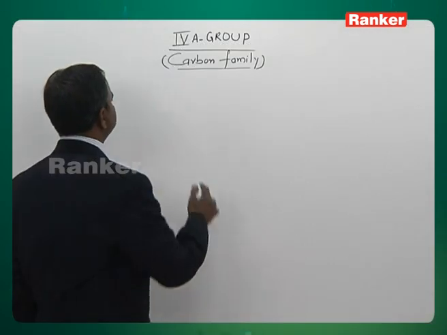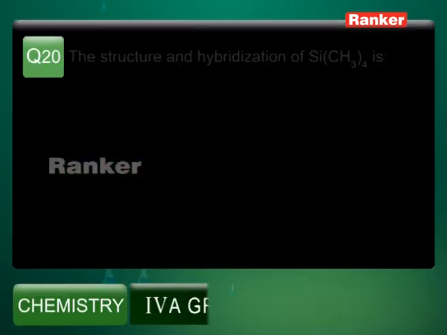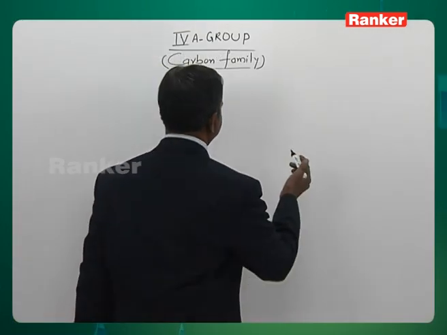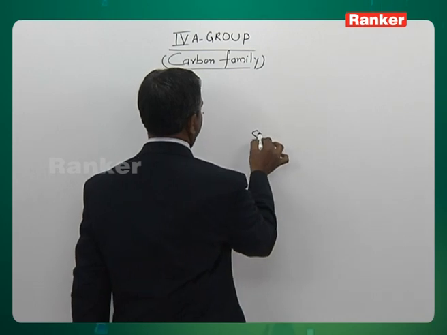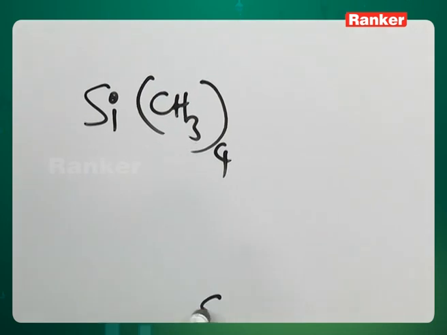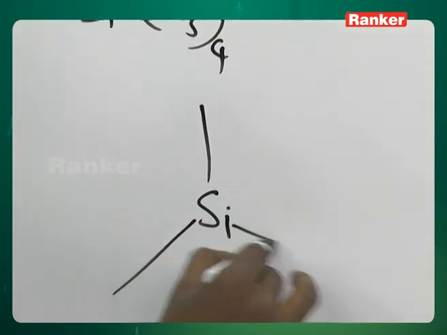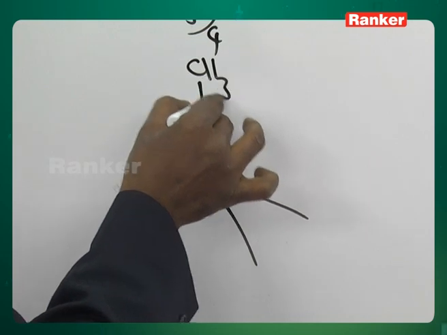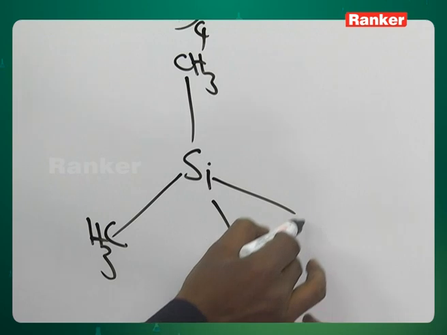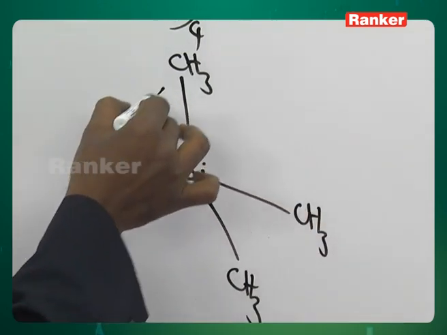Question number 20: the structure and hybridization of tetramethyl silicon, Si(CH3)4, is bent sp, trigonal sp2, octahedral sp3d, or tetrahedral sp3. Look here, Si(CH3)4. The structure of the molecule is tetrahedral, with CH3, CH3, CH3 and CH3.